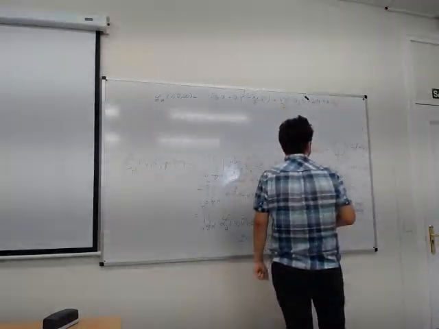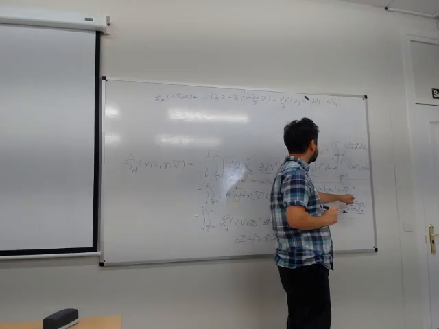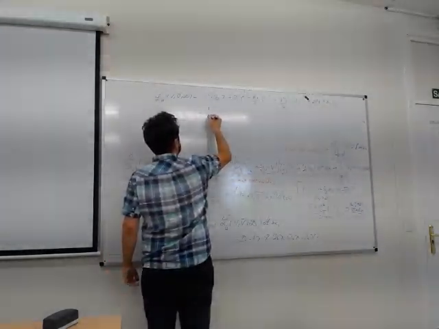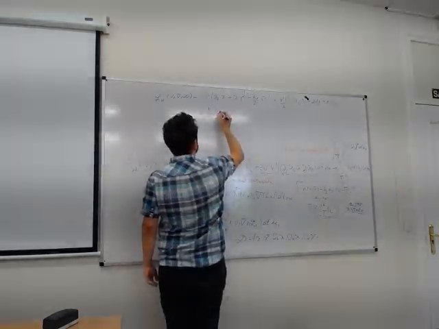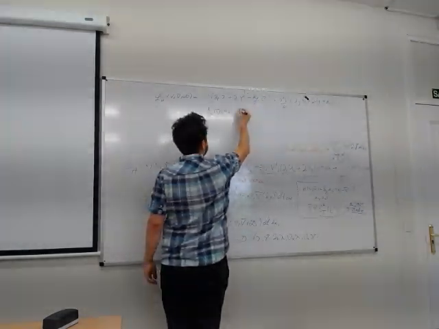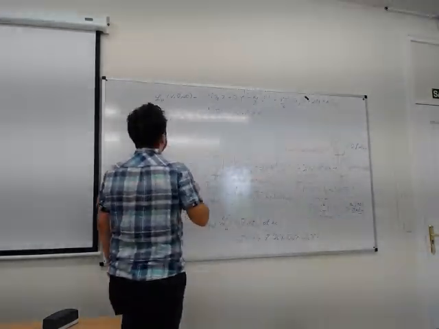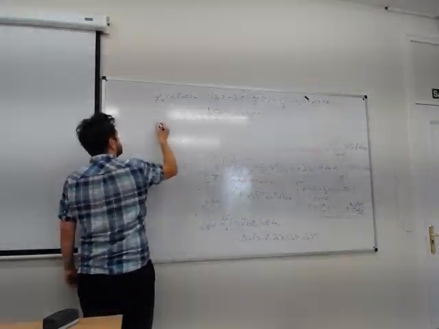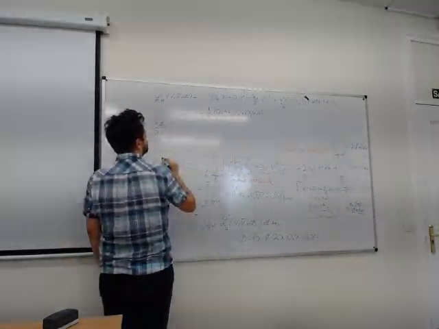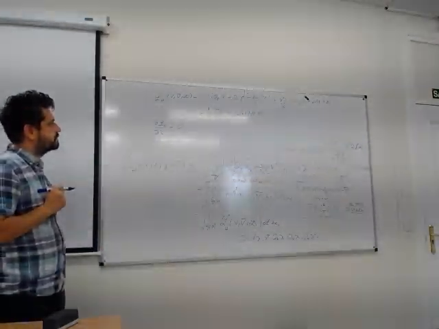I could include the terms 1/2 of AB v squared in principle, but you'll see it doesn't make a difference. These don't really matter, because what I'll be interested in is to take the derivative with respect to v of this, and set it equal to 0.